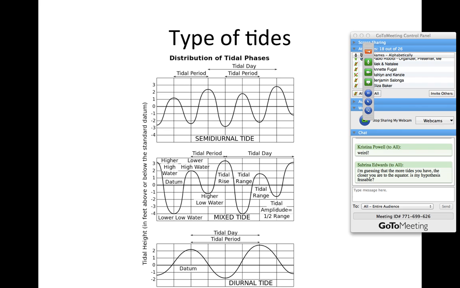I'm guessing that the more tides you have, the closer you are to the equator. Is my hypothesis feasible? That is a good question, Sabrina. So I encourage you to find out, is that a good hypothesis? Everybody could do that as an exercise. So the hypothesis is that you have a higher tidal effect closer to the equator.